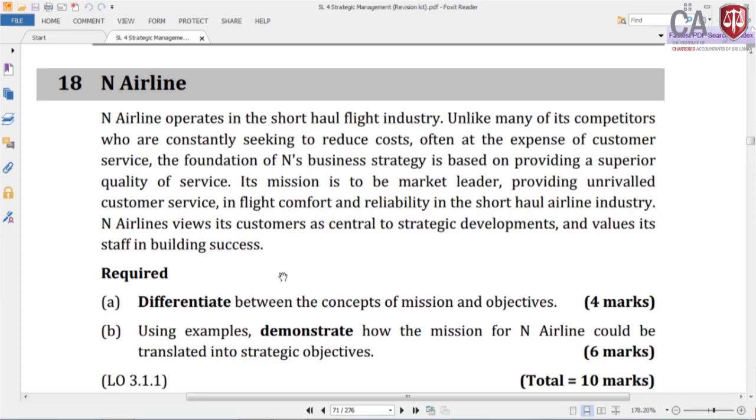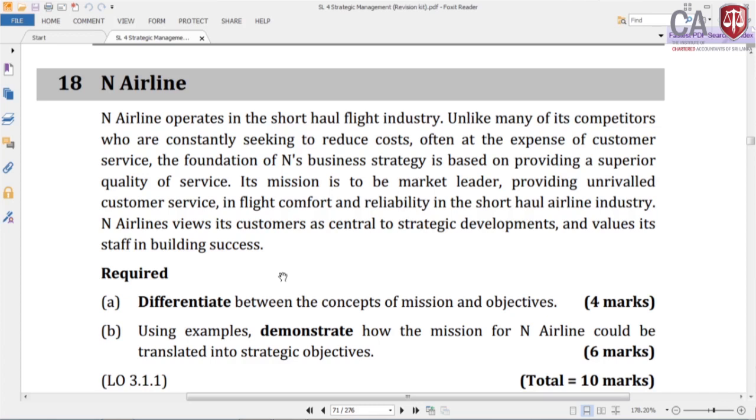Its mission is to be market leader, providing unrivaled customer service, in flight comfort and reliability in the short haul airline industry.